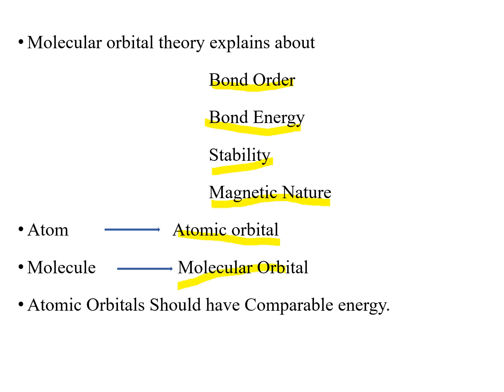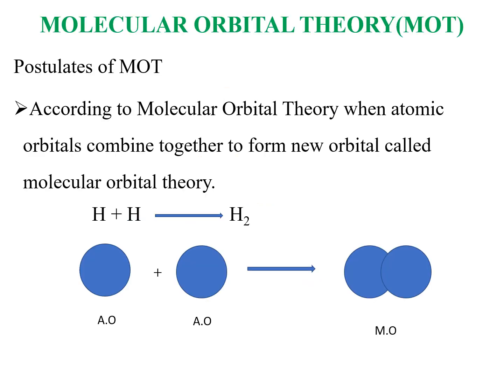When combining two atomic orbitals, they form a molecular orbital with a comparable energy. Postulates of molecular orbital theory. According to molecular orbital theory, when atomic orbitals combine together they form new orbitals known as molecular orbitals.